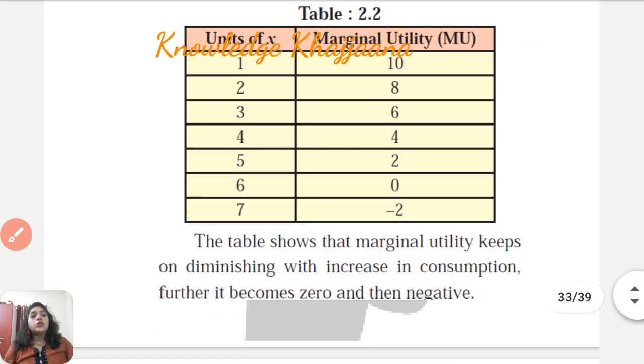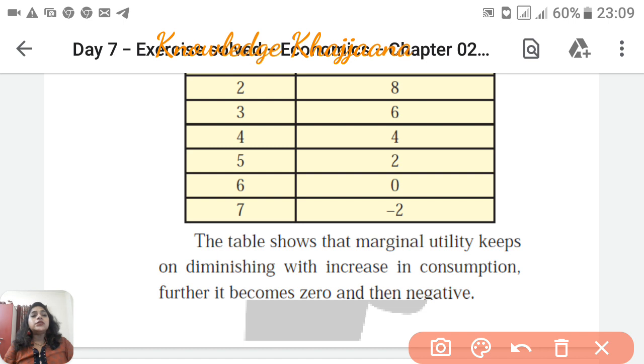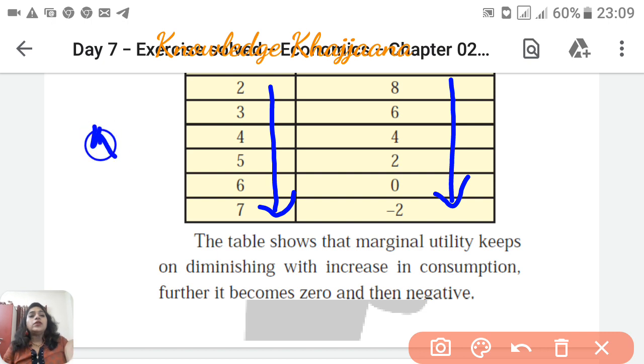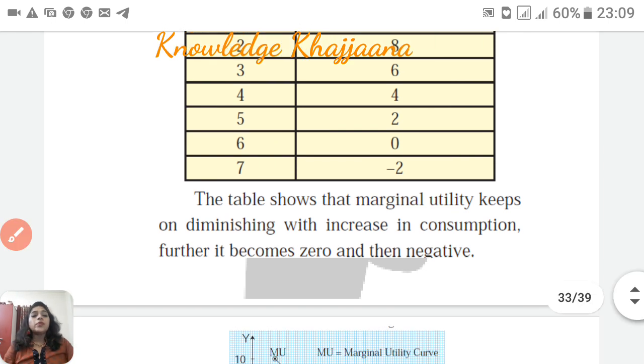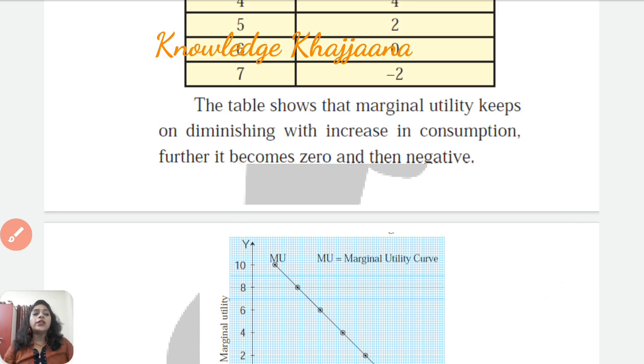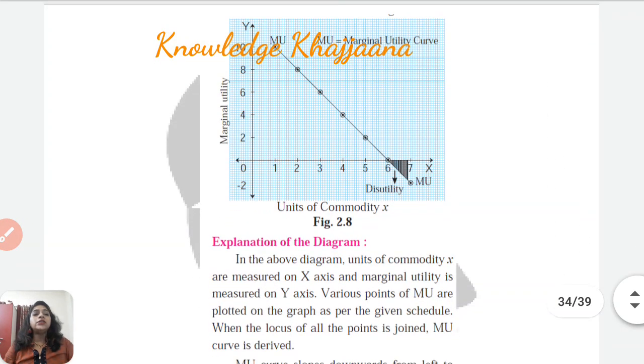This table shows the marginal utility keeps on diminishing with the increase in the consumption. First 1 unit was consumed, then the second, 3, 4, 5, 6, 7. As you consume more and more units, the marginal utility goes on decreasing. Further it becomes 0 and then negative, as we have seen in this graph.